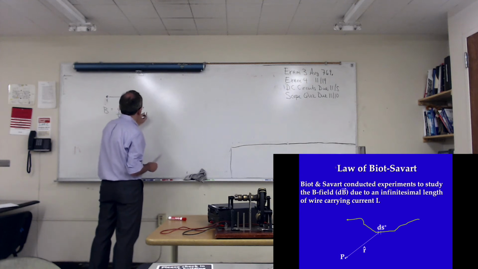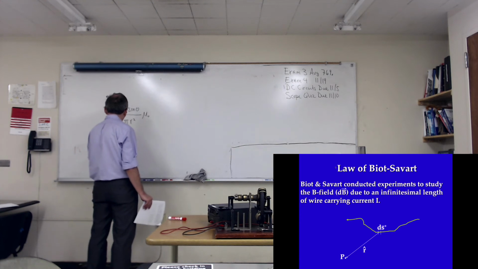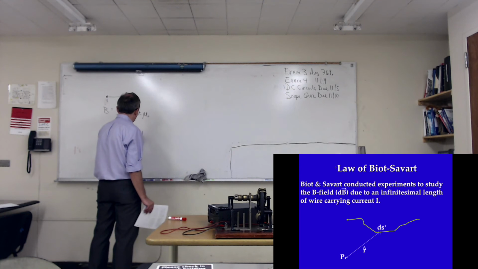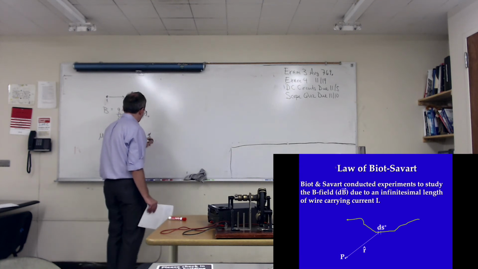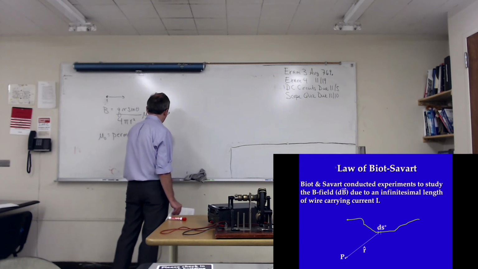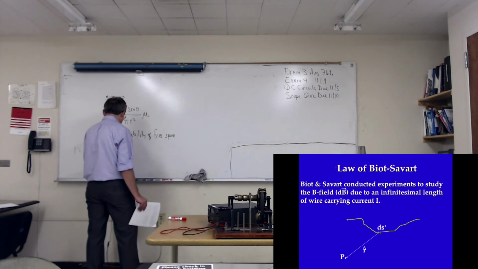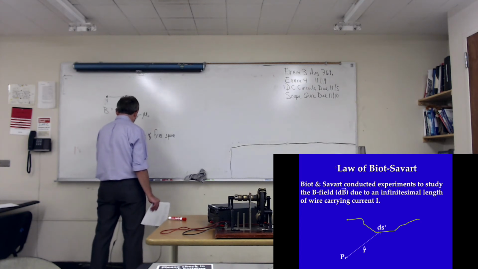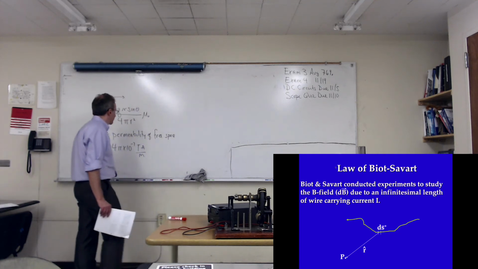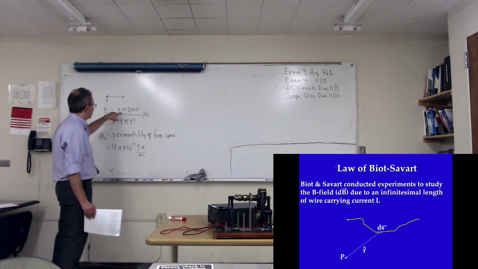Mu naught is called the permeability of free space, and its value is 4 pi times 10 to the minus 7 Tesla meters per amp. The direction of this field is perpendicular to V.